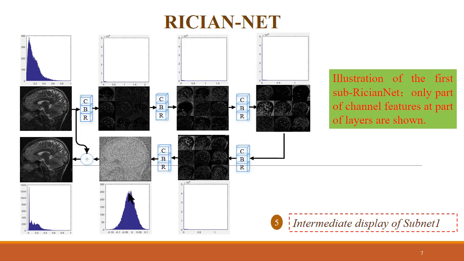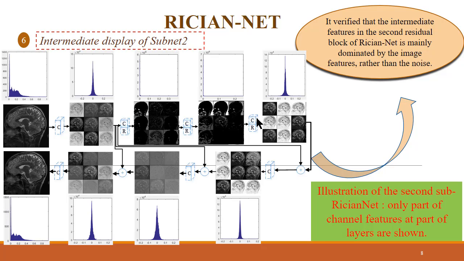So that's our first assumption, that the first subnet tries to remove the Gaussian distribution noise. Here is our second subnet. Now the input is the Gaussian denoised image, and it goes through a Rayleigh net, but with a convolution layer. Here is the output noise, and we can see this noise is sparsely distributed.